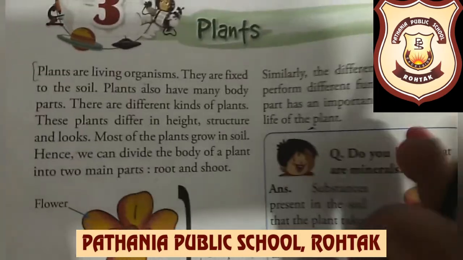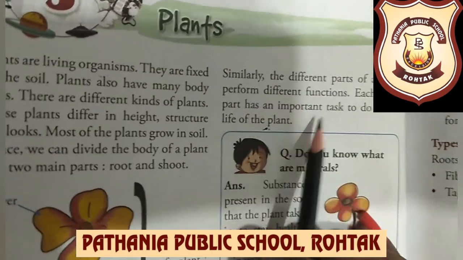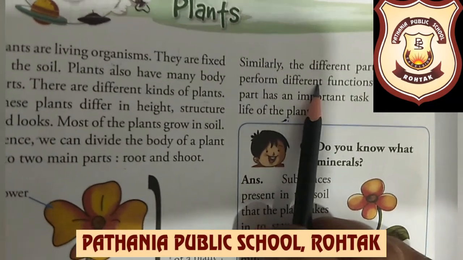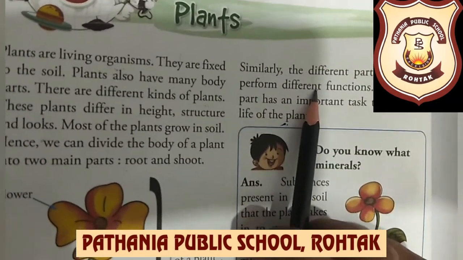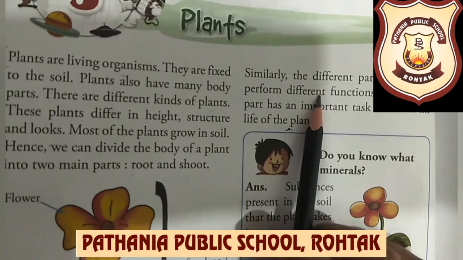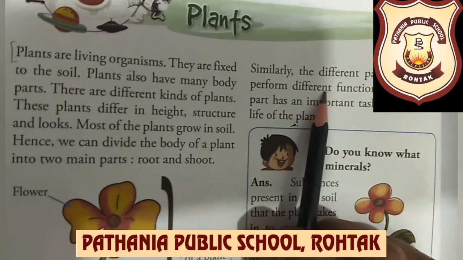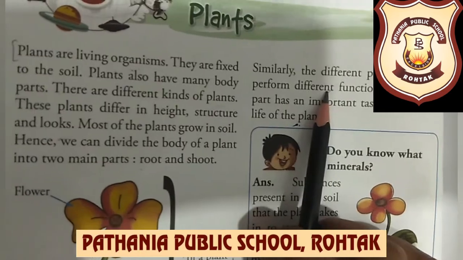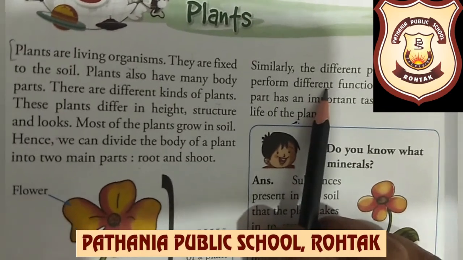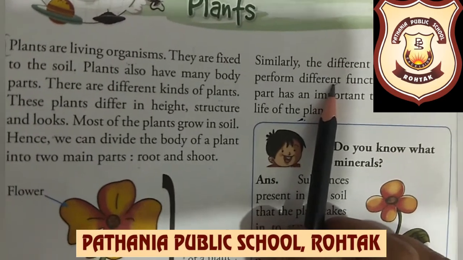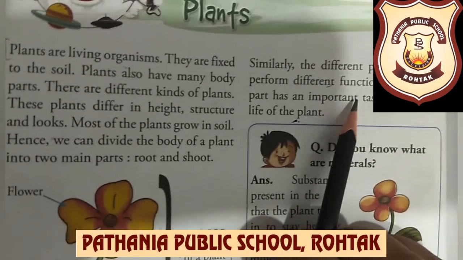Similarly, the different parts of a plant perform different functions. See beta, we also have different body parts. We have hands, we have legs. Hands we use to write, legs we use to walk, mouth we use to chew, to speak. So each body part has different functions. In the same manner, different parts of a plant perform different functions.